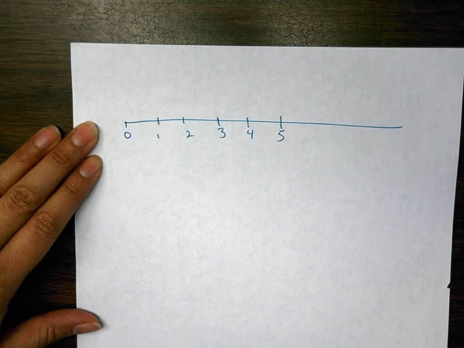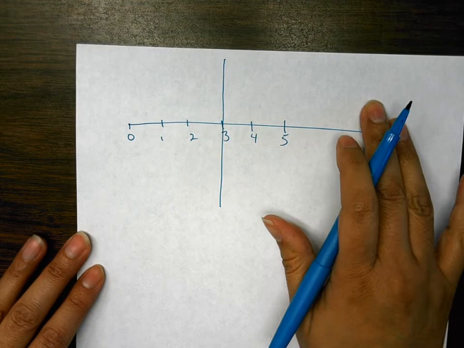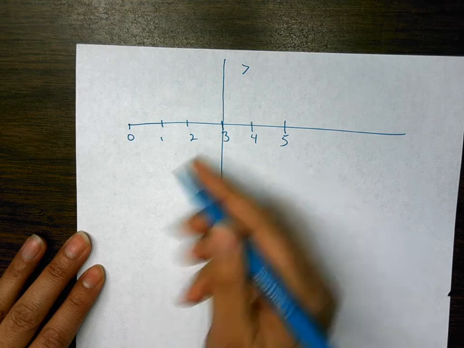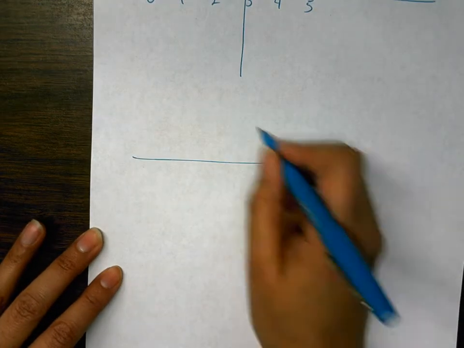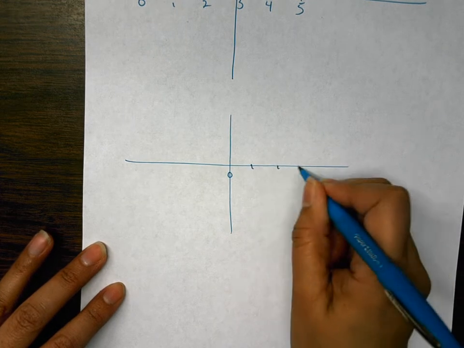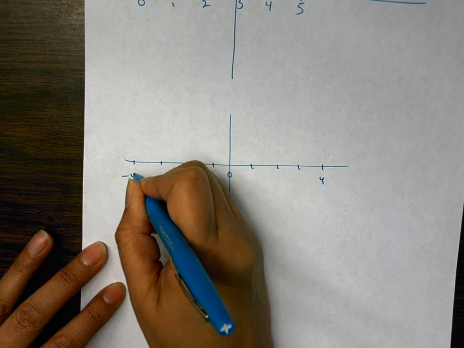If you were to cut it vertically, this side would be bigger or smaller, the numbers to the right? Bigger. And the numbers to the left? Smaller. Now, when you went on and learned negatives, 0, and then 1, 2, 3, 4, and -1, -2, -3, and -4, it didn't matter where you cut it.